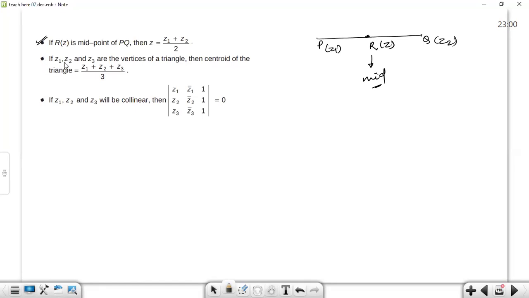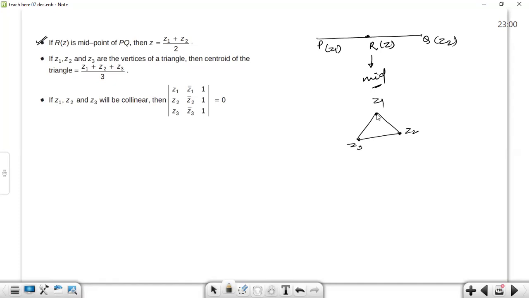Coming to the next point, if Z1, Z2, and Z3 are the three vertices of a triangle, let's say this is the triangle and these are its vertices, Z1, Z2, and Z3, we have to find the centroid.